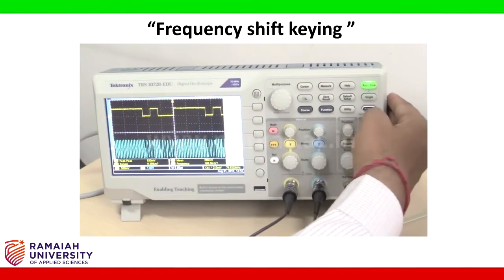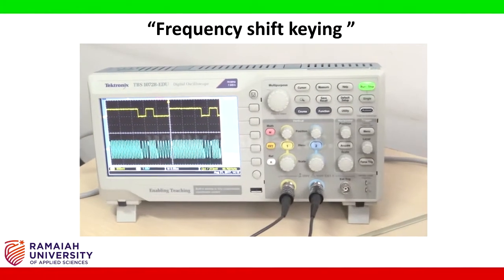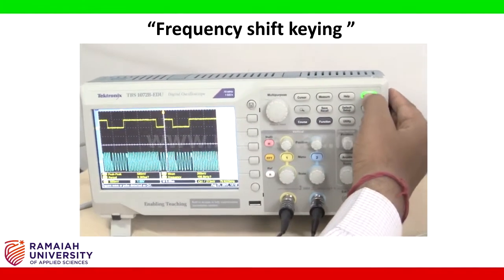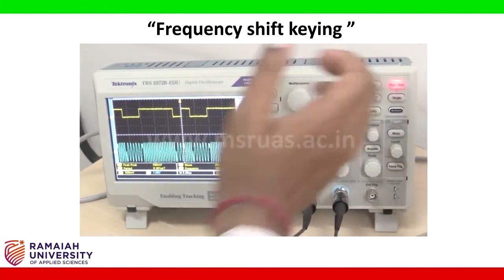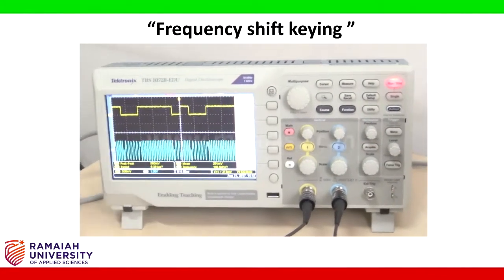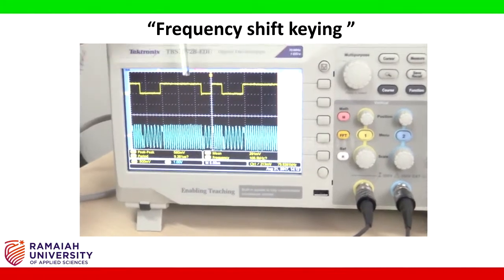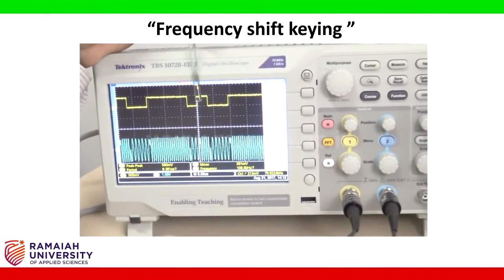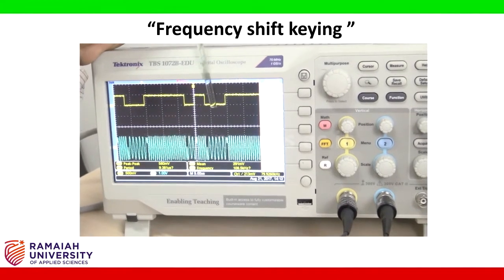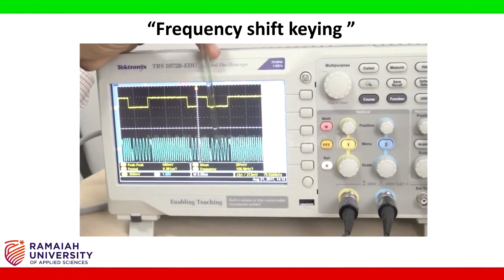Let us go for the auto set option, then press the run and stop. Now we can observe there are two frequencies in the sine wave. For the logic 1 the higher frequency, and for the logic low the lower frequency sine wave.